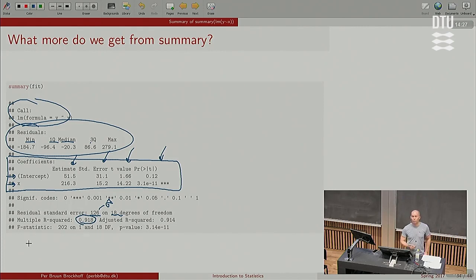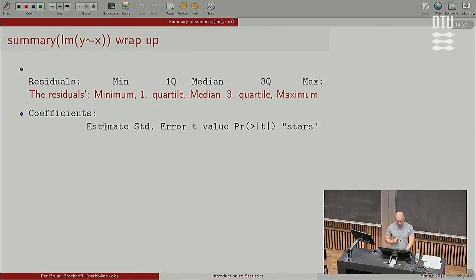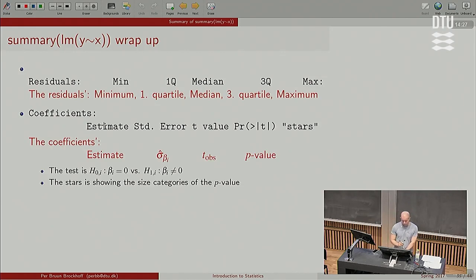And that's basically what we are talking about in our course. Let's summarize. We have the residuals, minimum, quartiles. We have the coefficients, the estimate, the standard error, the observed t-statistic, and the p-value.